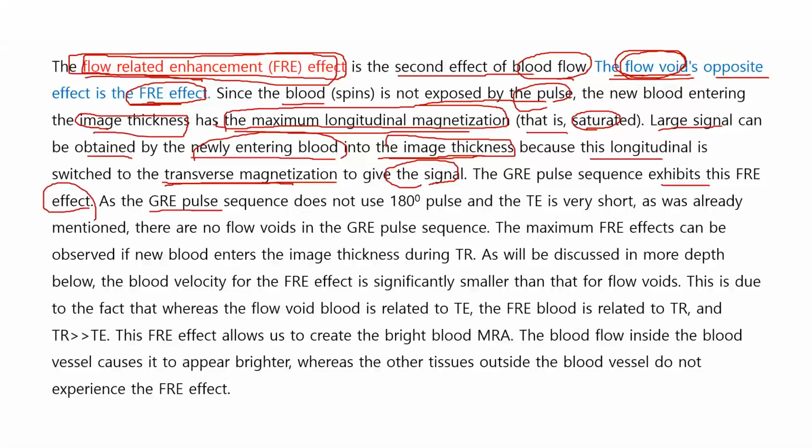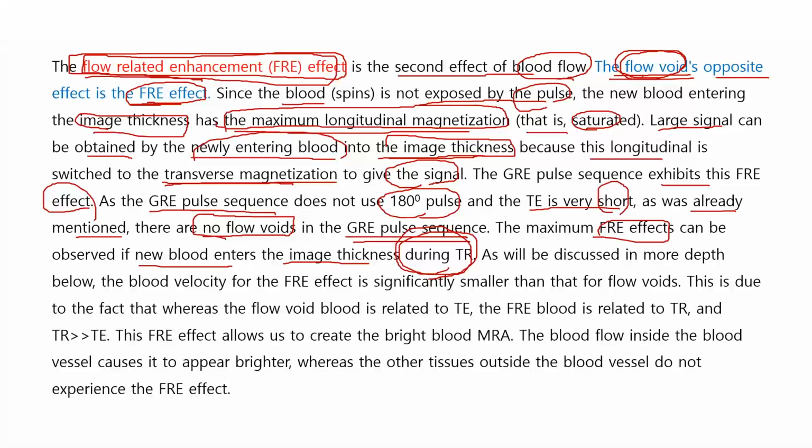As the GRE pulse sequence does not use a 180-degree pulse and TE is very short, as was already mentioned, there is no flow void in the GRE pulse sequence. We already discussed this in the previous slide. The maximum FRE effects can be observed if new blood enters the image thickness during TR.